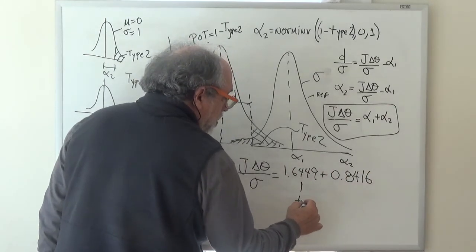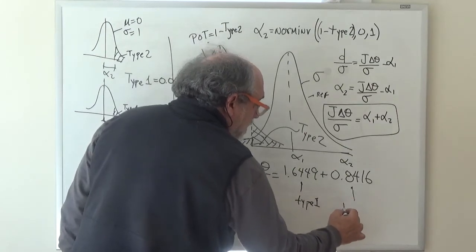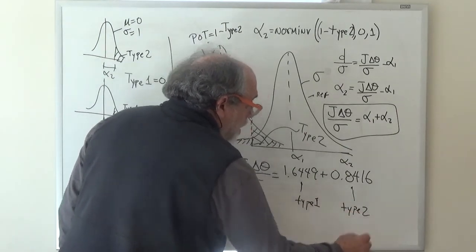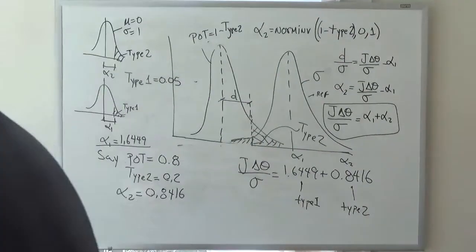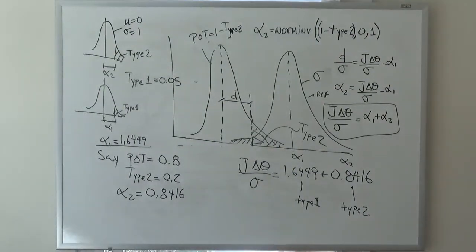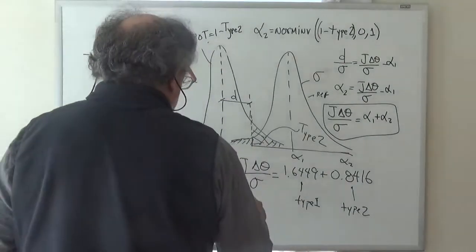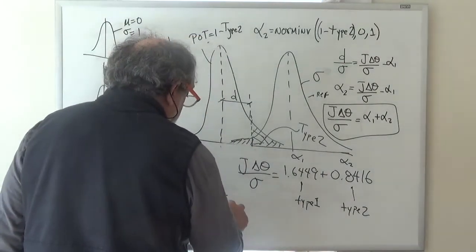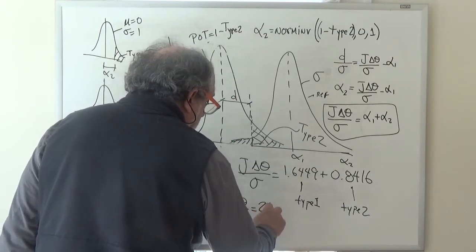This depends on the type 1. This depends on the type 2, right? Now, if you sum the two of them, which I'm doing here, you get 2.49, okay? So J delta theta over sigma is 2.49.